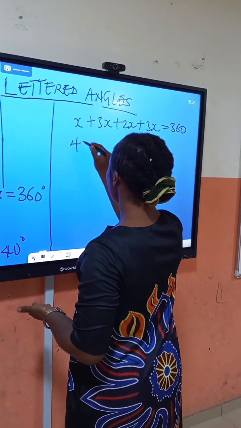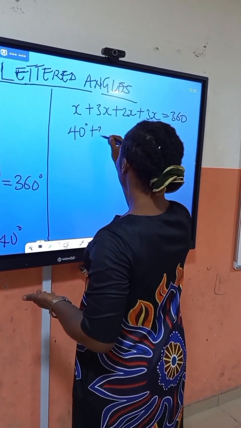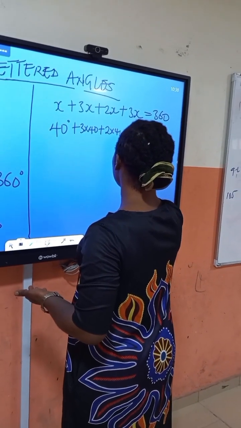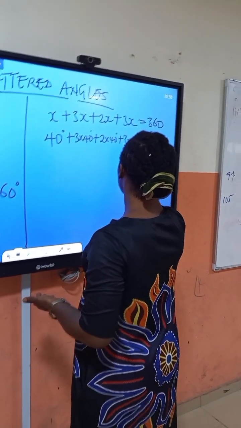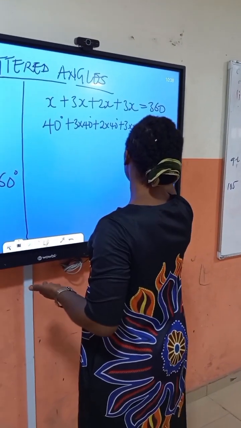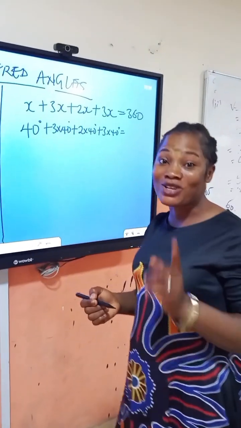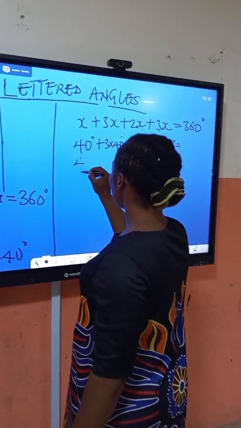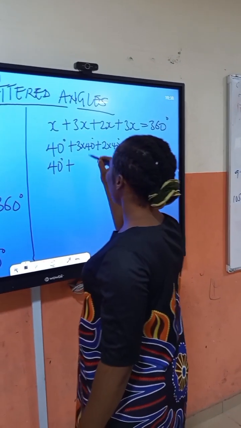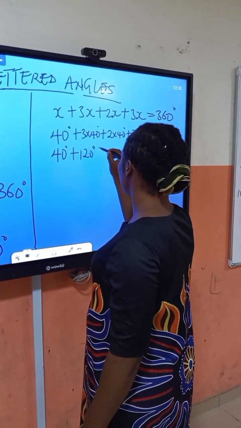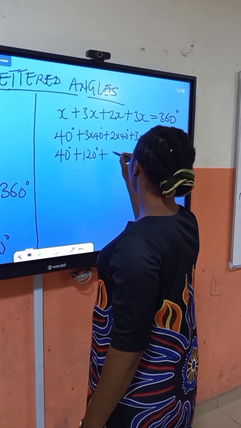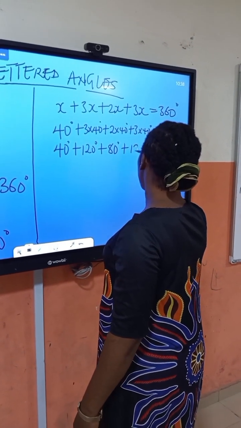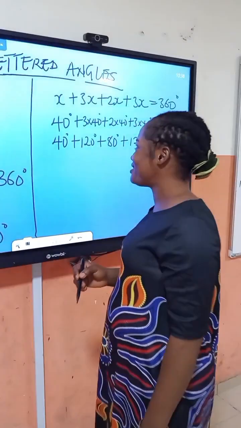So we have 40 degrees plus 3 times 40 degrees plus 2 times 40 degrees plus 3 times 40 degrees equal to what? Let's go to the board. So here I have 40 degrees plus 3 times 40, which is 120 degrees, plus 2 times 40, which is 80 degrees, plus 3 times 40 degrees, 120 degrees.